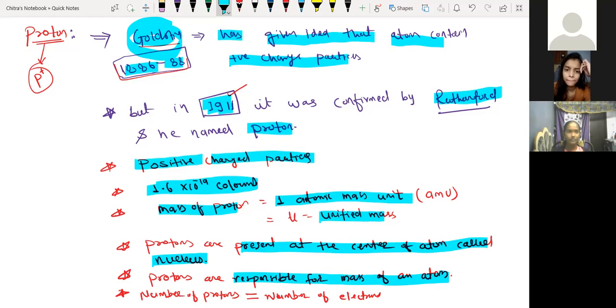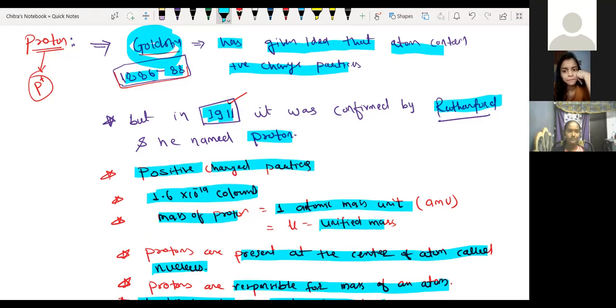Okay, and a very important point, the number of protons is always equal to the number of electrons. Why? Because atoms are electrically neutral, they do not have any charge. That means to neutralize the negative charge, positive charge must be there.